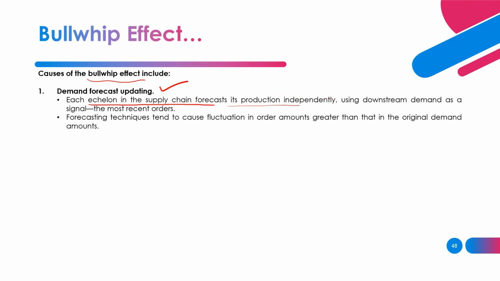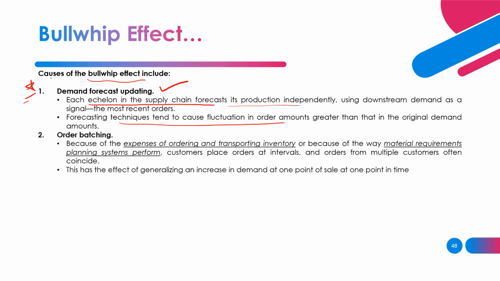So based on the forecasted demand from the downstream, they predict more and produce more quantity as compared to the actual demand. That is due to the forecasting techniques, so they order more quantity. So the first reason for the bullwhip effect is poor demand forecasting.